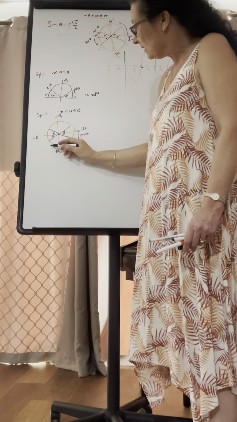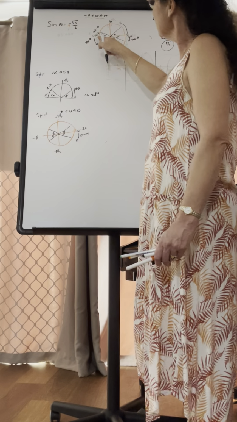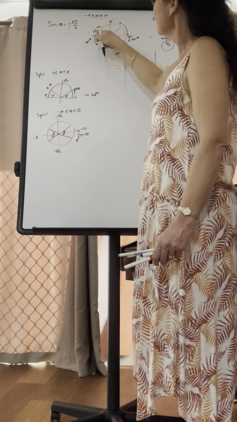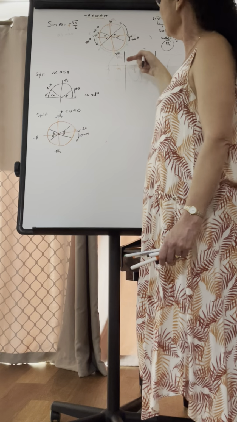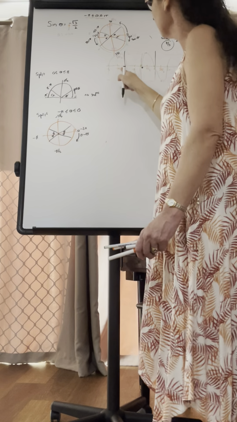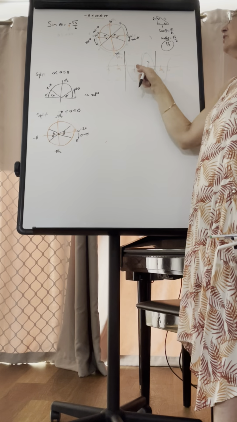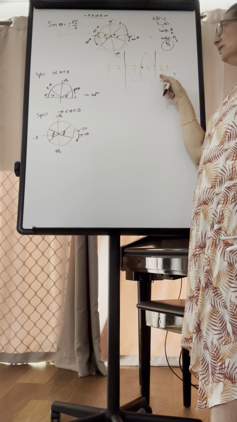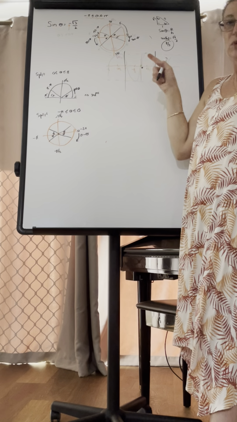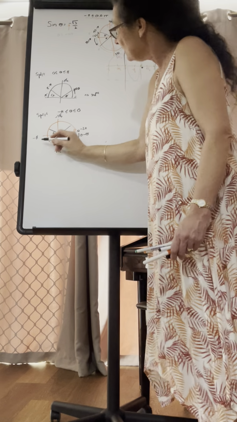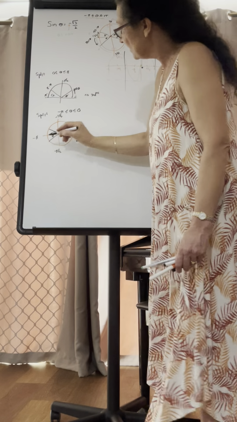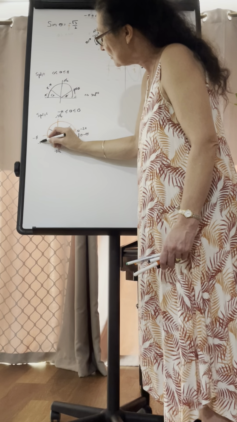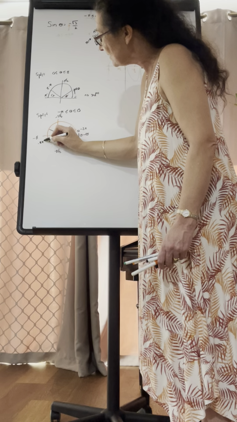This one used to be 180 minus theta because I'm going from 180 and I'm getting smaller. I'm going that way. This time I'm going from minus theta towards 0, which is bigger or more positive. So instead of doing the 180 minus theta, I do minus pi plus theta.